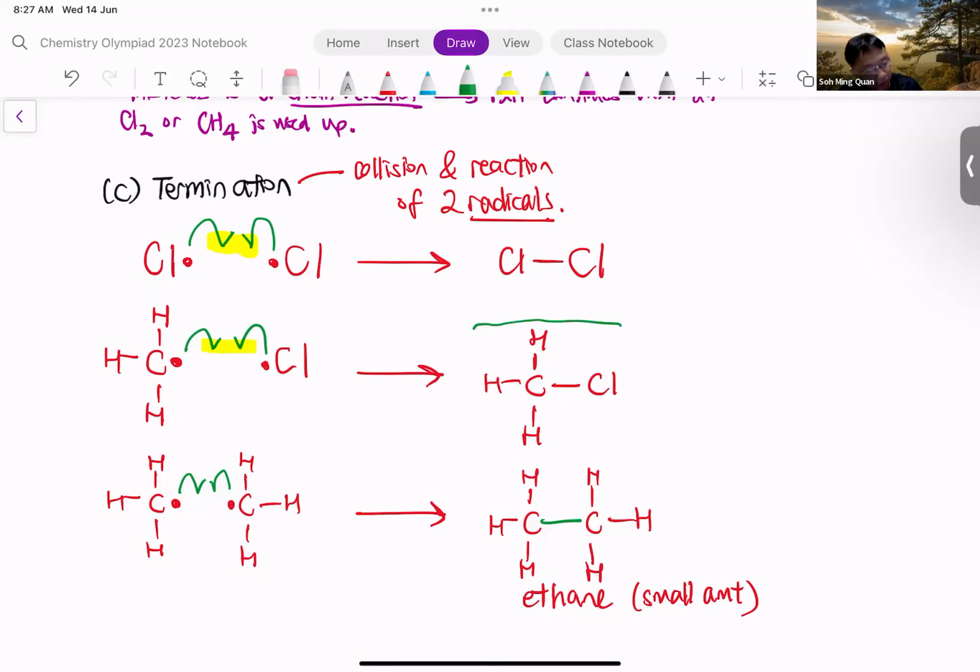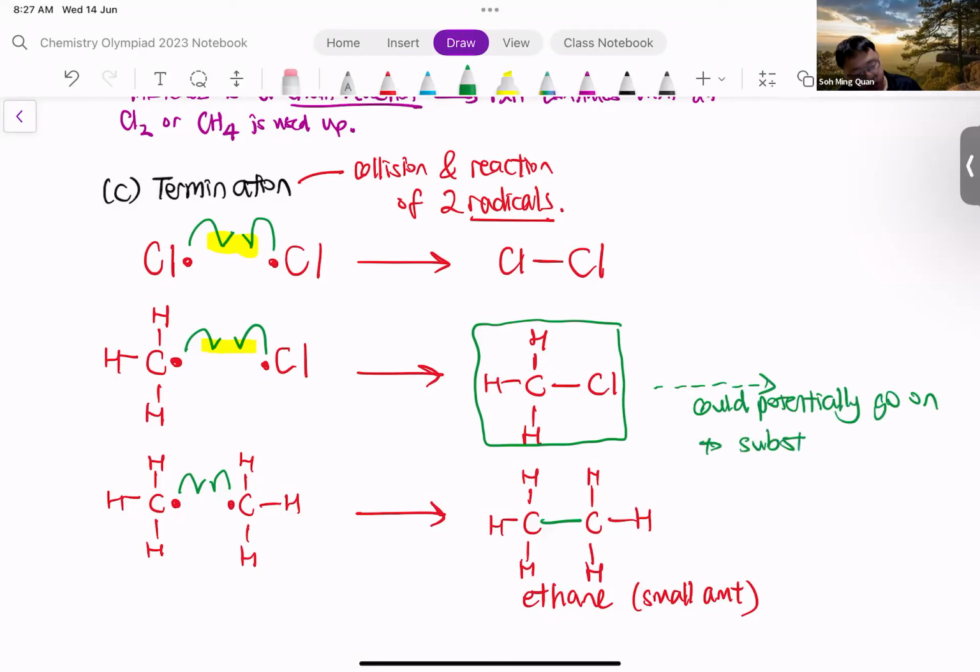So this product, chloromethane, could potentially go on to substitute away more hydrogen, right? So we already know this, especially when you have excess Cl2. When you have excess Cl2, the tendency is for multiple substitution to happen, meaning more of the H goes out, more Cl comes in. So it may not stop here also. It could potentially go on.